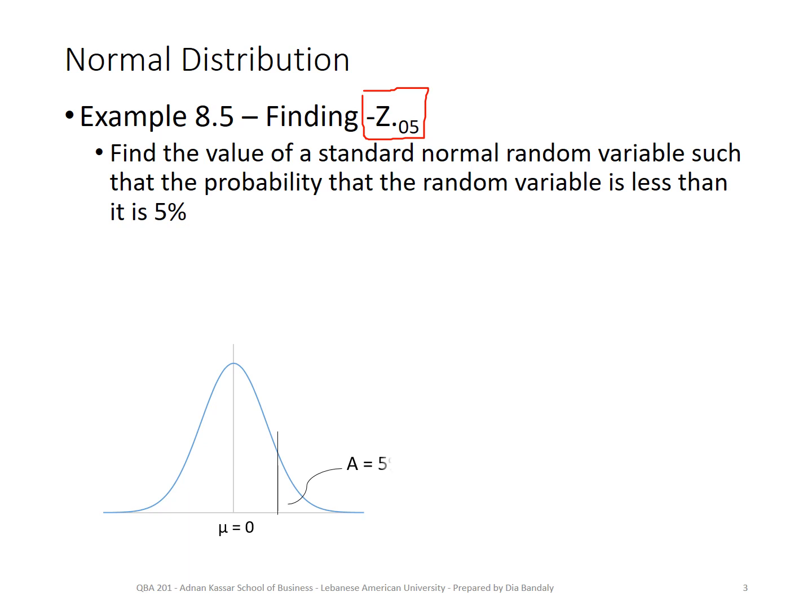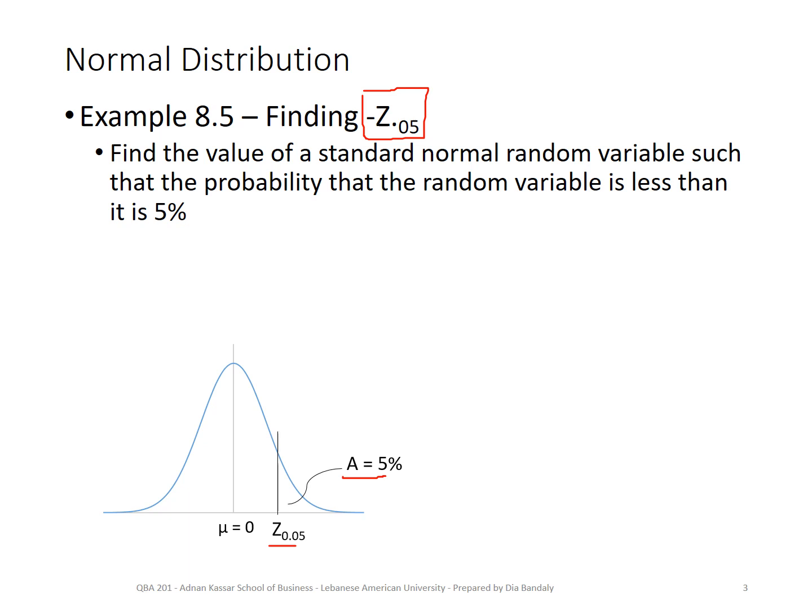Look what I mean by this. This is what we did in the previous example, where we located on the z-axis a Z 0.05 such that the area on the right-hand side is 5%, right? Because we're using the ZA notation. So what's minus Z 0.05?